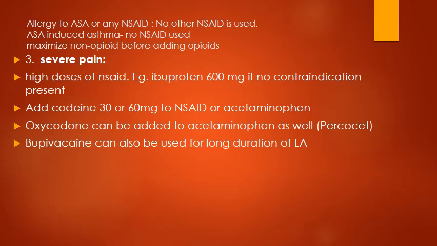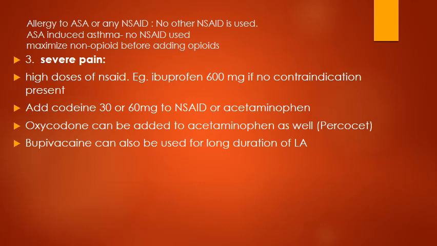That is why we say go through the medical history carefully, along with the condition of the patient and the pain's severity. According to that, individualize the prescriptions. Then this is really important, you have to maximize the non-opioid before adding an opioid. So whenever you are prescribing combinations, maximize the non-opioid before adding the opioids.